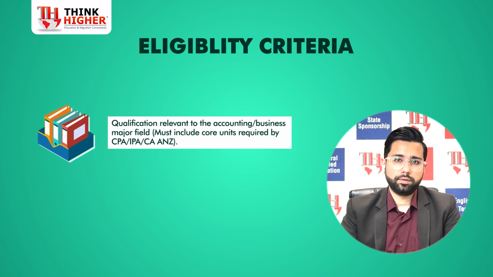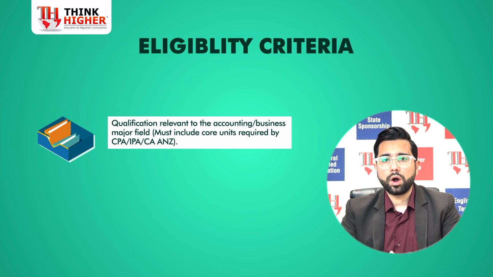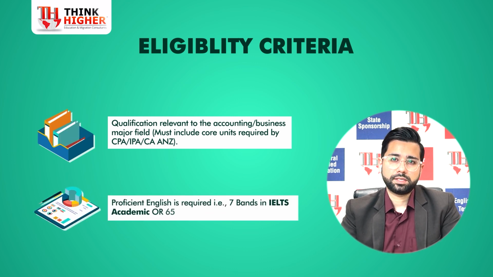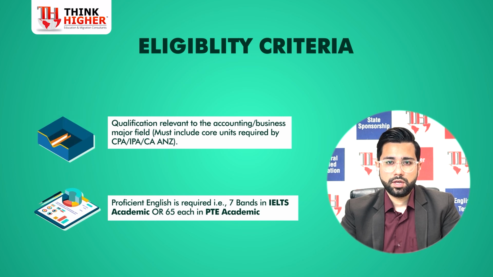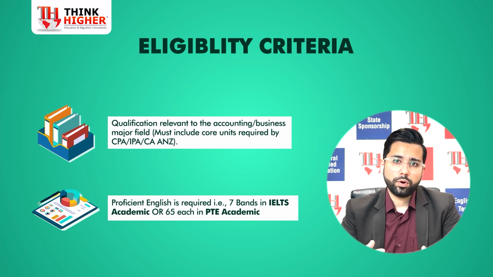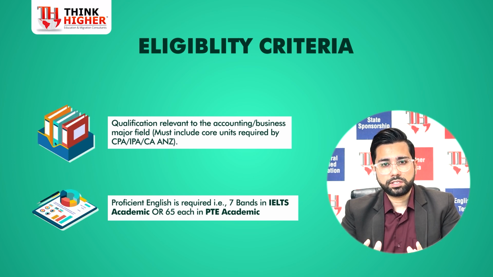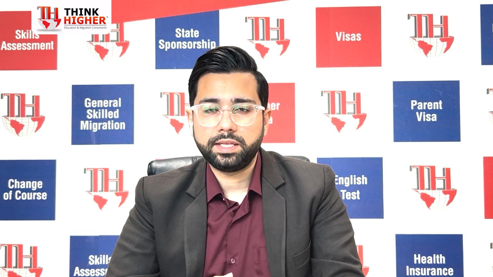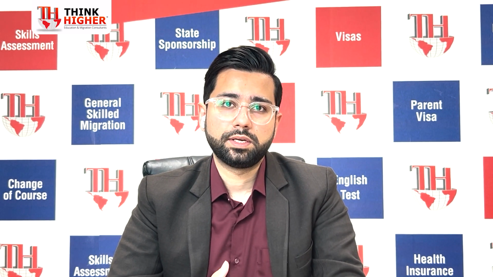Along with your qualification, you also need to prove your English proficiency. The requirement is proficient English. For example, in IELTS, if you got 7 in each band, or in PTE you got 65 in each module, then you would meet the requirement for the skill assessment.